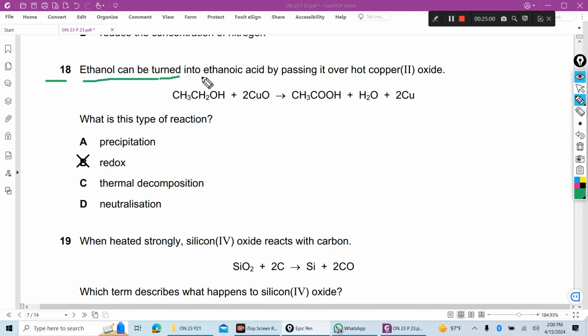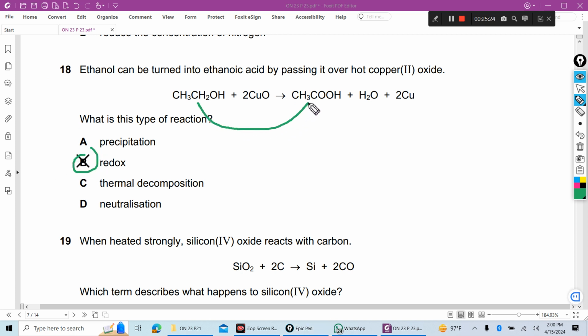Ethanol can be turned into ethanoic acid by passing it over hot copper(II) oxide. What is this type of reaction? You see, this is a redox reaction. Why?